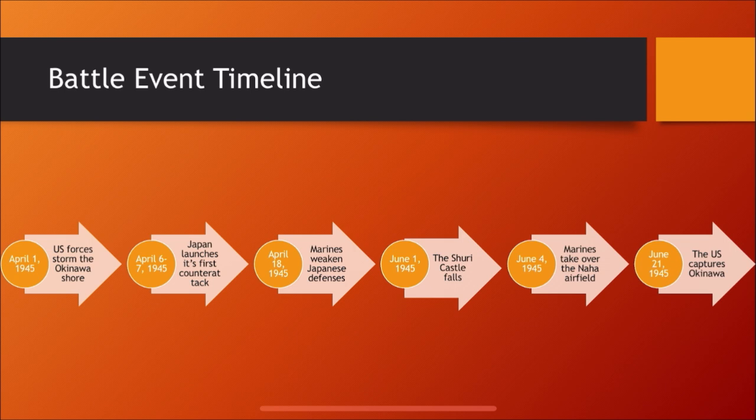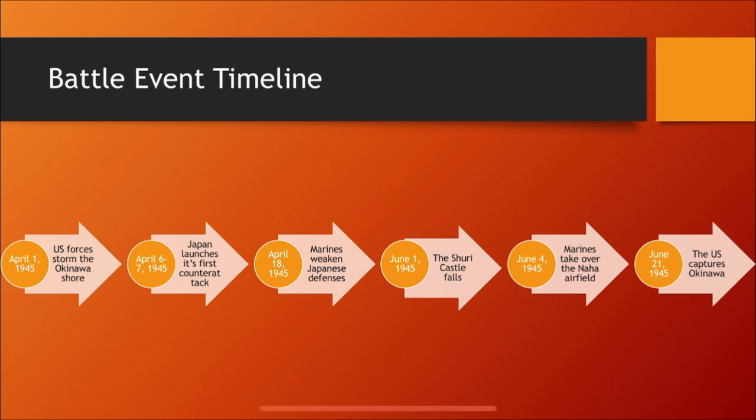On April 18, 1945, the Marines began to weaken Japanese defenses in northern Okinawa. Because of that, this allowed the Allies access to the rest of the island. On June 1st, 1945, the Shuri Castle, which was being well defended by the Japanese, falls after relentless attacks from the United States 10th Army.